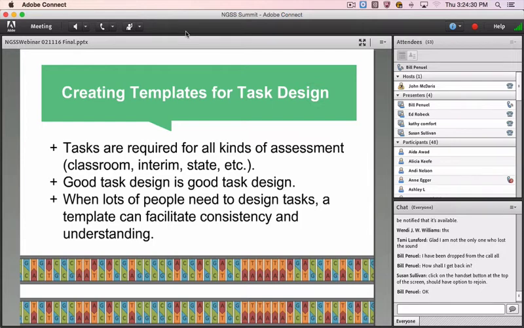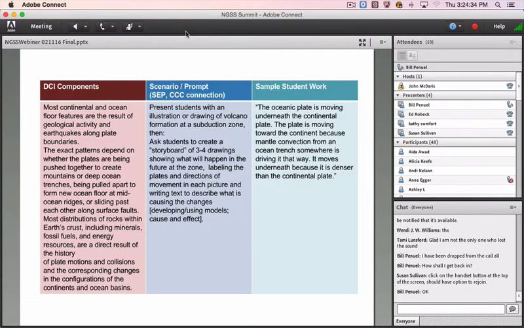And this can also facilitate consistency and understanding if you have a set of common templates. So one aspect of the template that we have is that we work first with people in our professional development activities with teachers to design tasks, creating diagrams like a set of tables that have these three columns. First, as we go back to the Framework for K-12 Science Education, we do something called an unpacking.